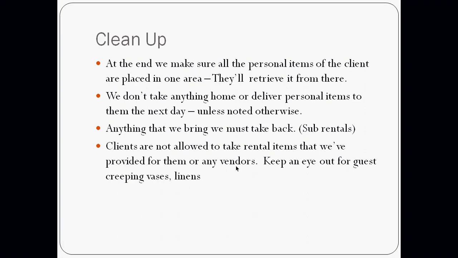Out-of-Box Weddings is now going to get charged the cost for that linen. So it is our job to make sure that anything that we as a company bring to a wedding or an event, we take it back as well. And if you see anyone trying to creep something, just let the wedding planner know, let me know, and we'll address it from there, okay?